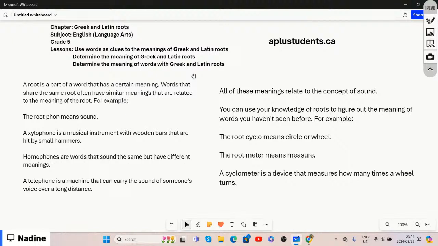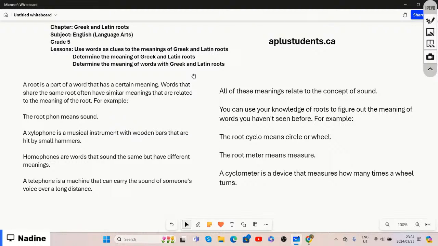Determine the meaning of Greek and Latin roots. And to determine the meaning of words with Greek and Latin roots.